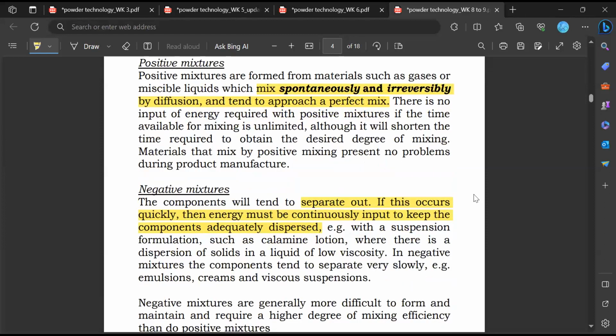When we're talking about negative mixtures, the components usually separate out. To avoid this separating, you have to constantly mix it. For example, calamine lotion, where there is dispersion of the solid.